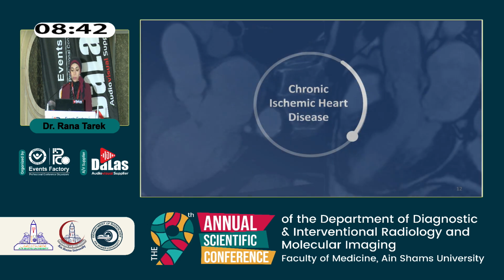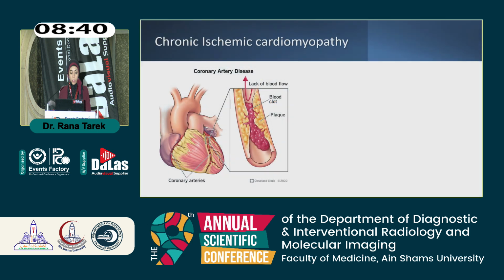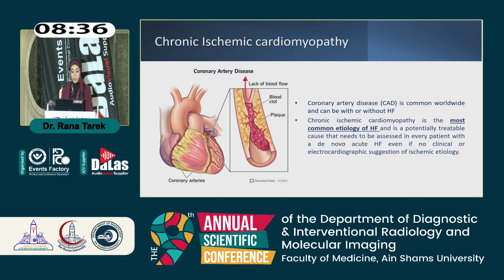So, starting with chronic ischemic cardiomyopathy, a brief introduction. Coronary artery disease is a common worldwide disease, and it can present with or without heart failure. Chronic ischemic cardiomyopathy is the most common etiology of heart failure, and it is a potentially treatable cause, and that's why it's important to discover and diagnose it.